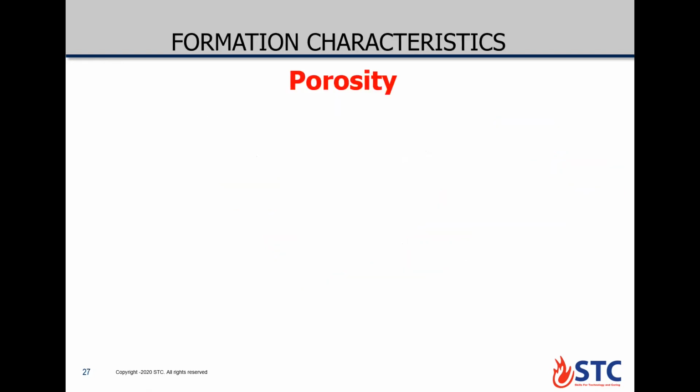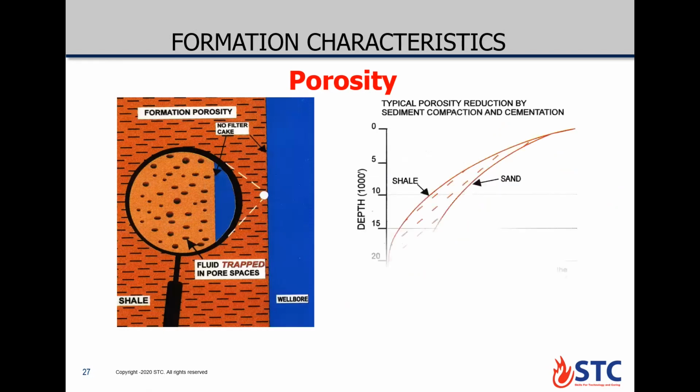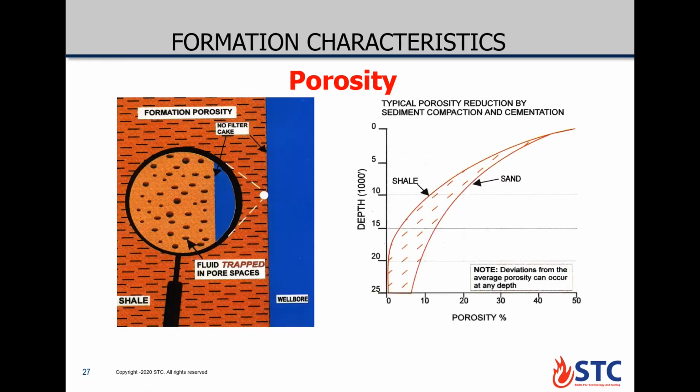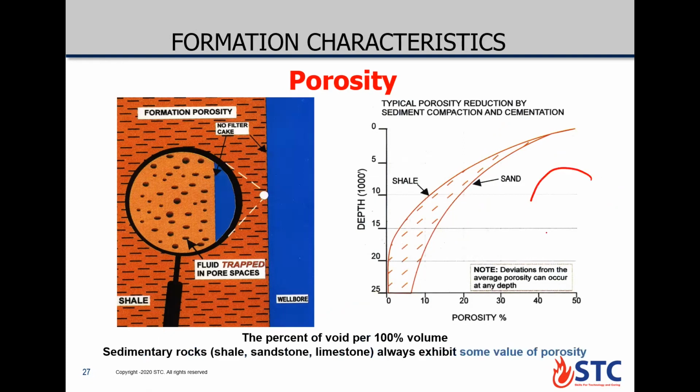Now to talk about formation characteristics, we have two reservoir characteristics. The main two characteristics are porosity and permeability. Porosity is the percent of the void space within the rock. For example, if we have our rock like this, the rock consists of grains and pore space.